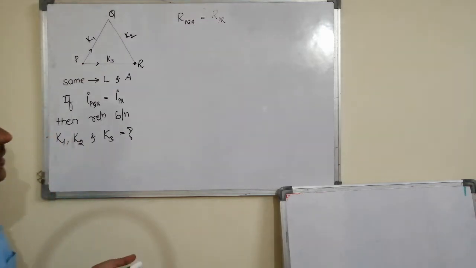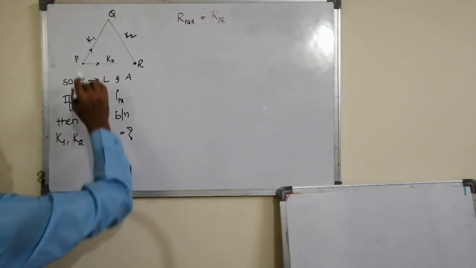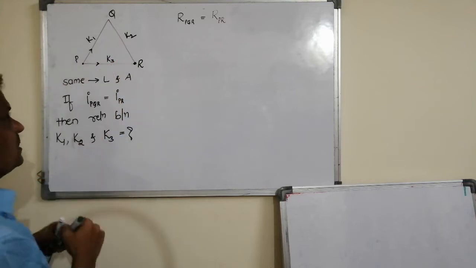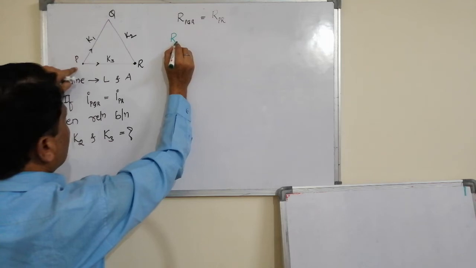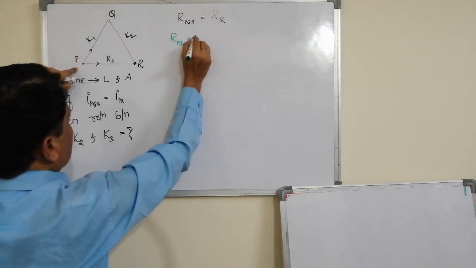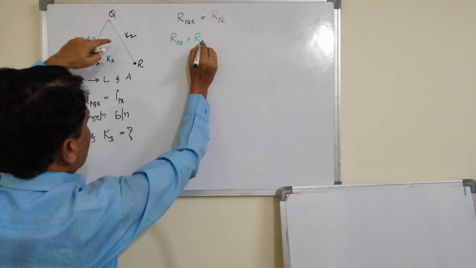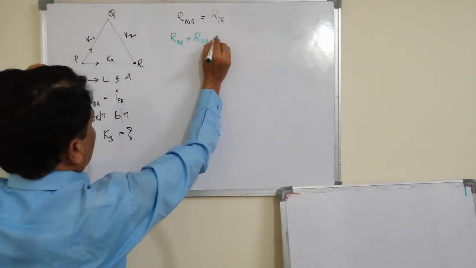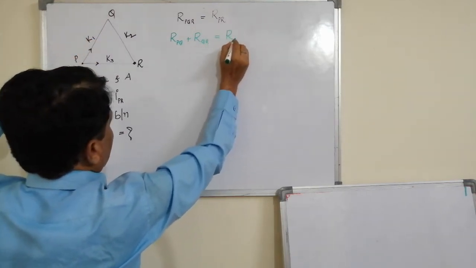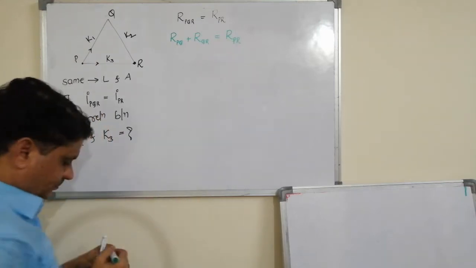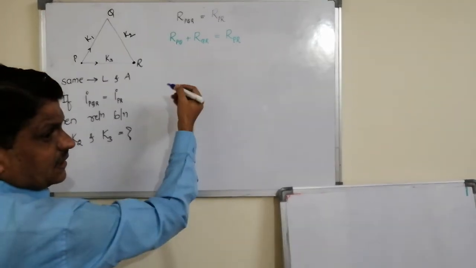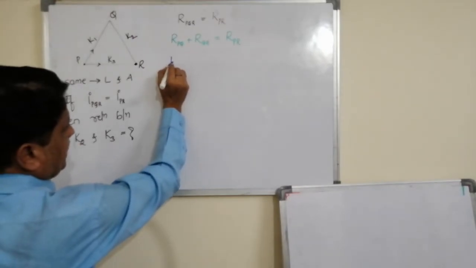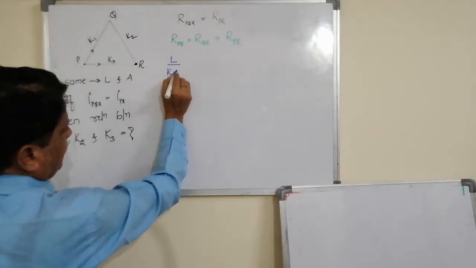This is our conclusion. For PQR there are two resistors, so resistance of PQ plus resistance of QR is equal to resistance of PR. Then what is the resistance formula? Thermal resistance is L by KA.